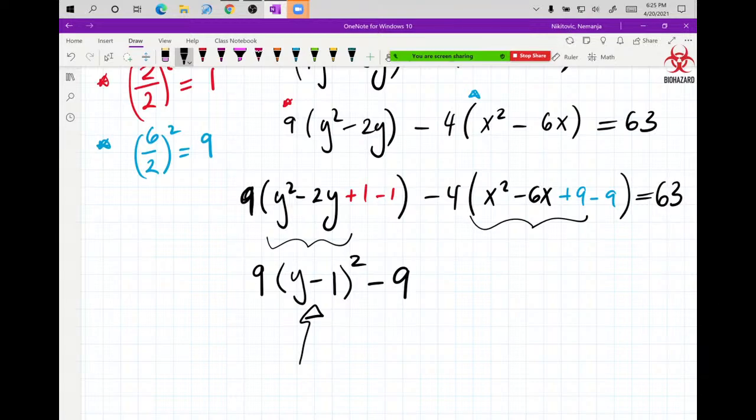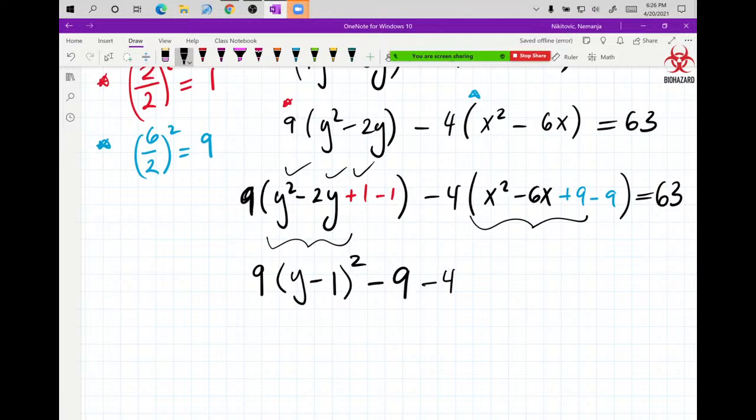But this last one, which is not a part of our completing the square, needs to be multiplied by the number in front, because the number in front needs to distribute to all of them. So when I copy 9 and compress this, this negative 1 needs to be multiplied by 9, which gives me negative 9.